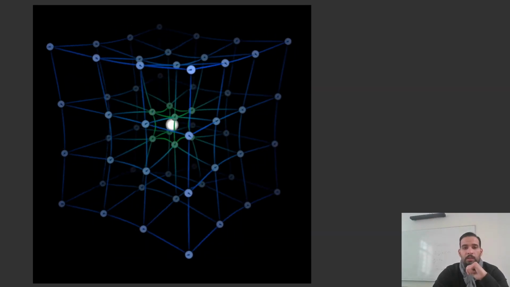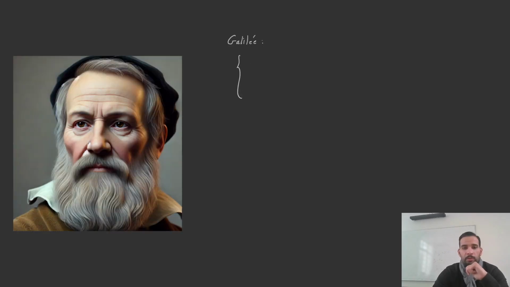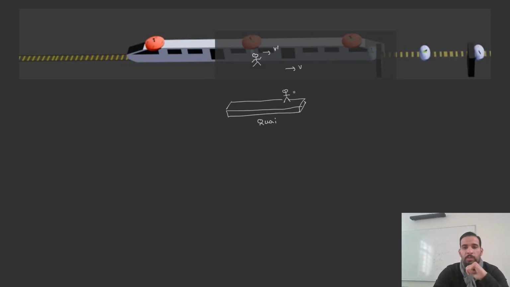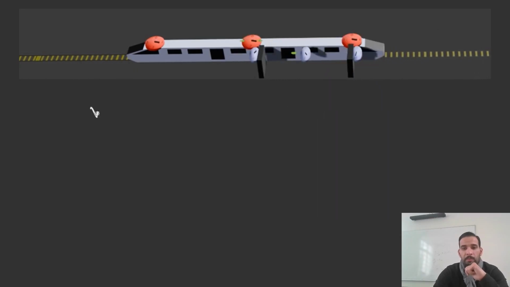Before Einstein, classical mechanics used Galilean transformations to relate two reference frames. For example, if a train is moving at a speed v, and a passenger in that train is moving at a speed v prime, an observer on the platform would see the passenger moving at a speed of v plus v prime.